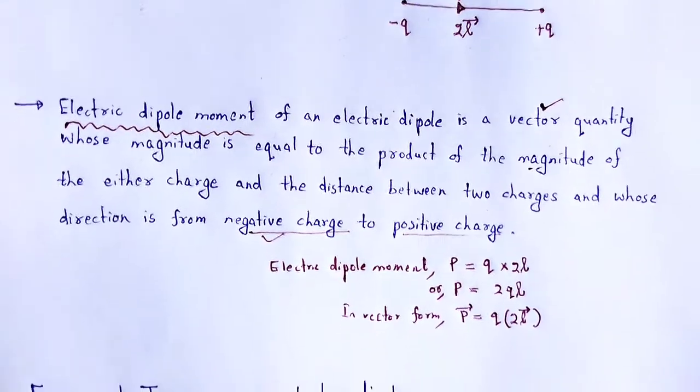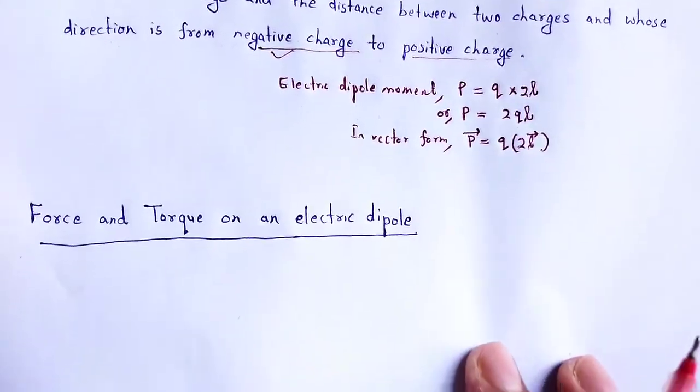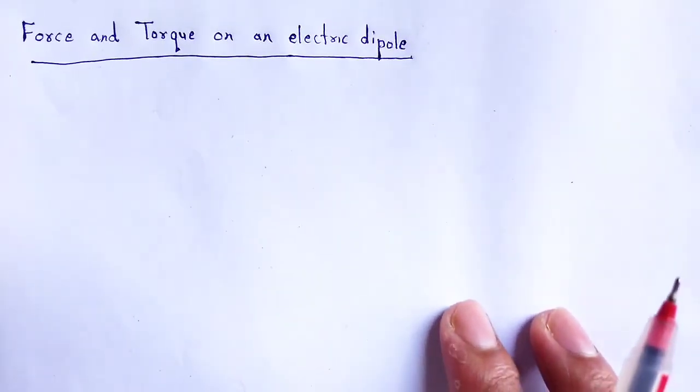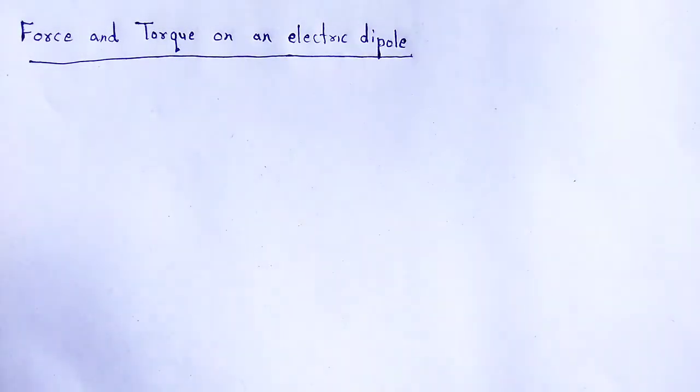Now we study force and torque on an electric dipole. When an electric dipole is placed in an electric field, what happens? There are two possible scenarios: when the electric field is uniform, and when the electric field is non-uniform.